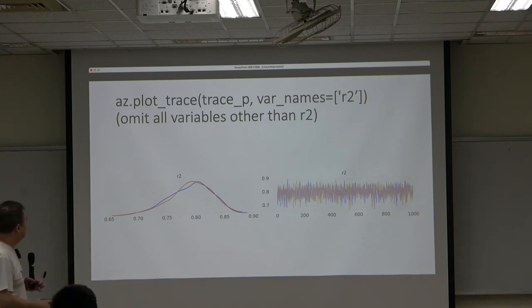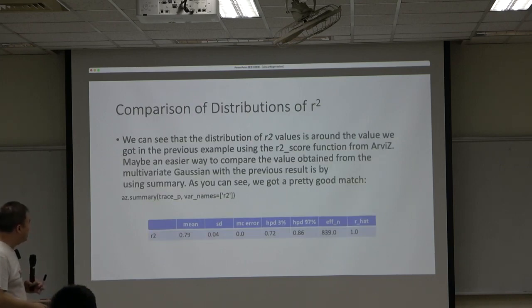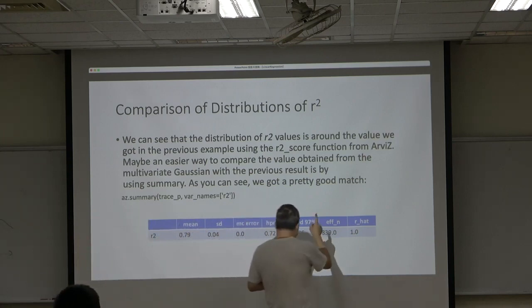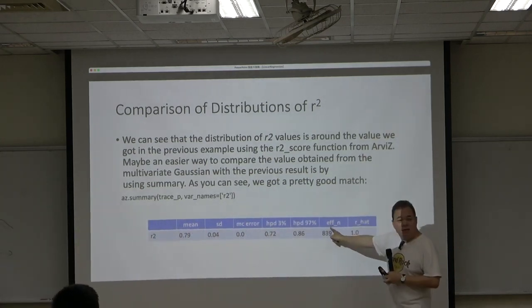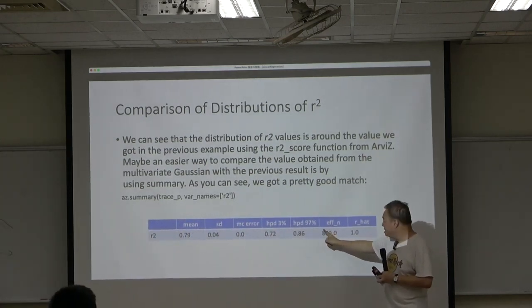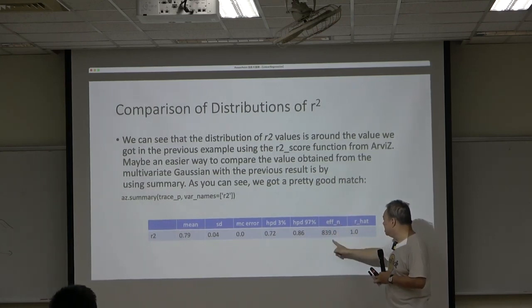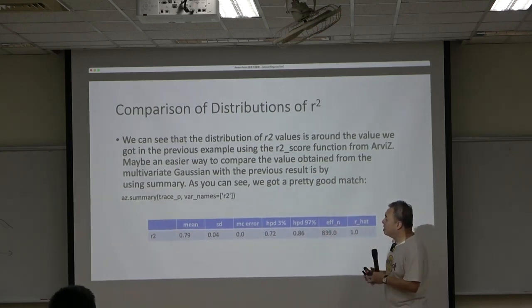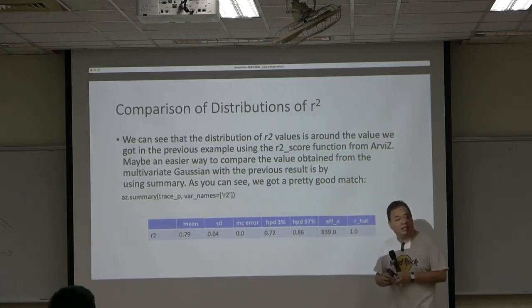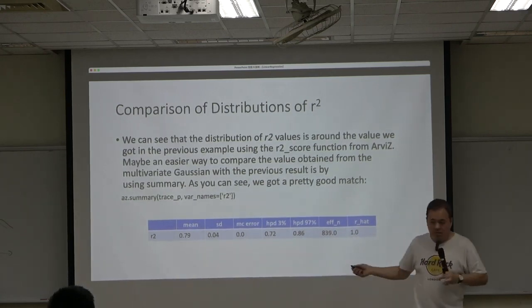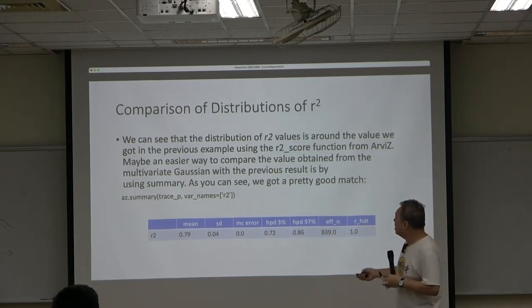What I was trying to tell you is this one: the EFFN is the effective sample size. And remember how many samples did we draw? I just arbitrarily picked this one.